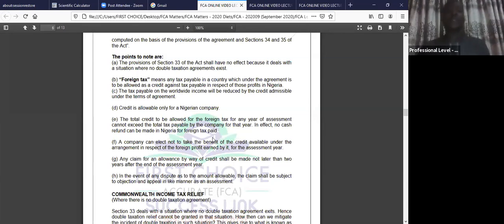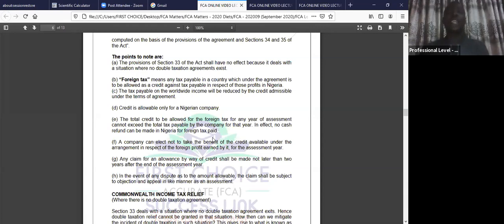Okay, so we are saying that the Nigerian company will compare the tax rate of the foreign country with that of Nigeria, and they will choose the smaller rate. That's the point you have to take.